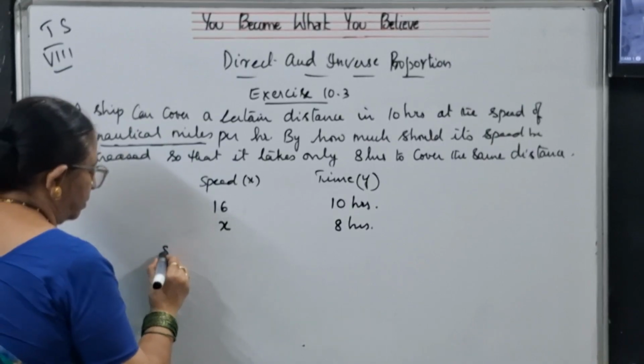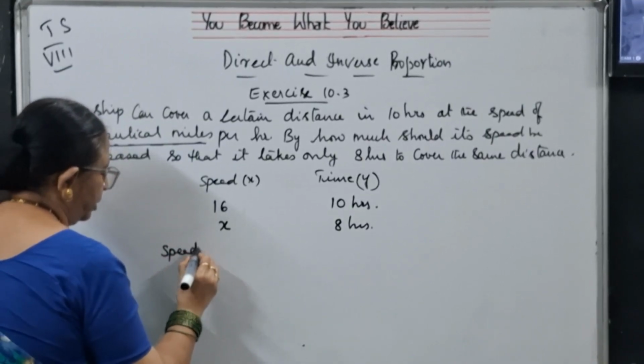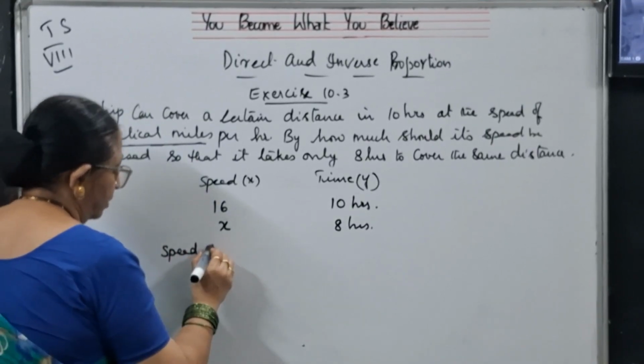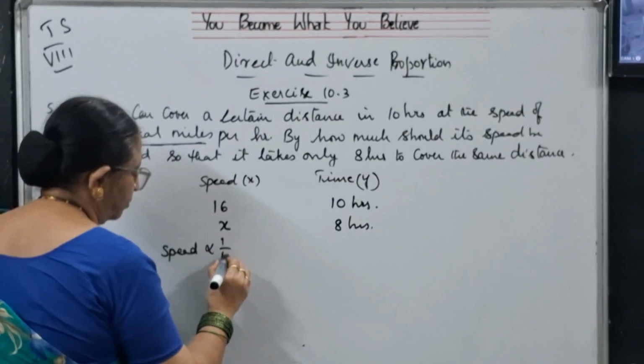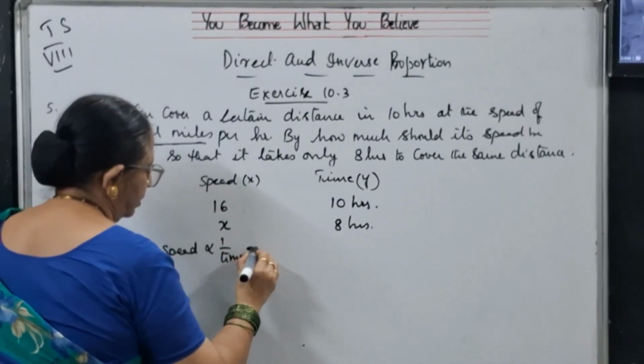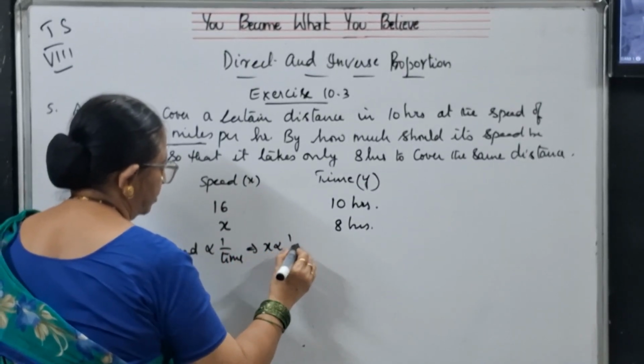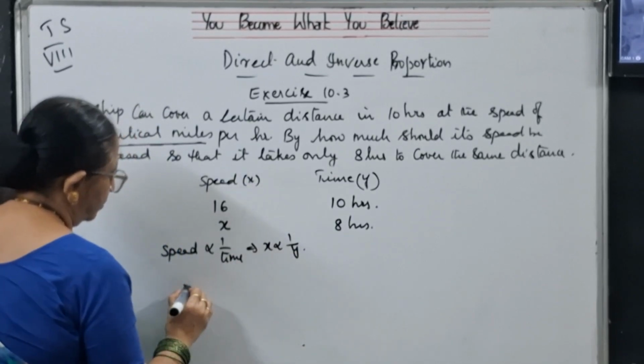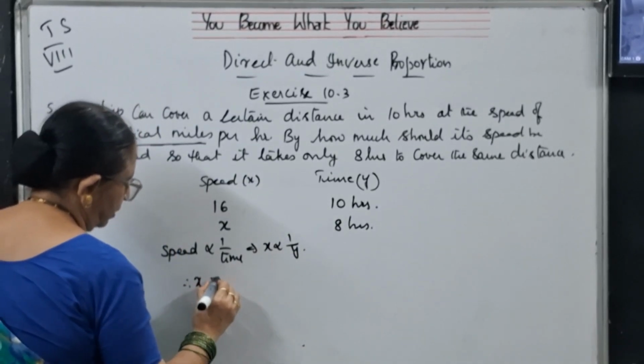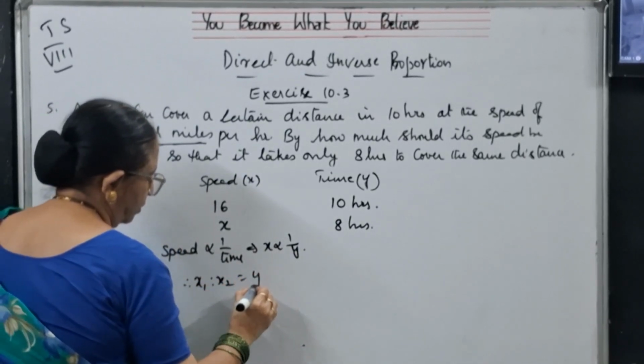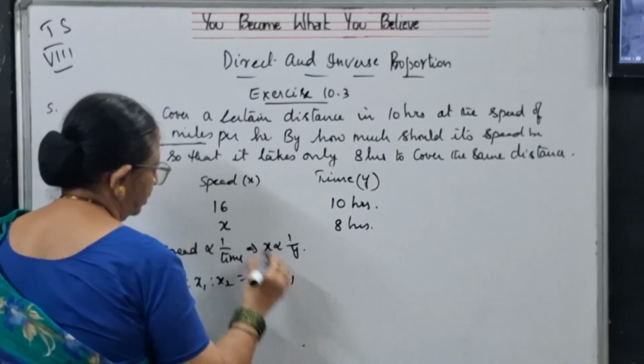So we know that speed is inversely proportional to time. What does this imply? x is inversely proportional to y. Therefore, x1 is to x2 is equal to y2 is to y1.